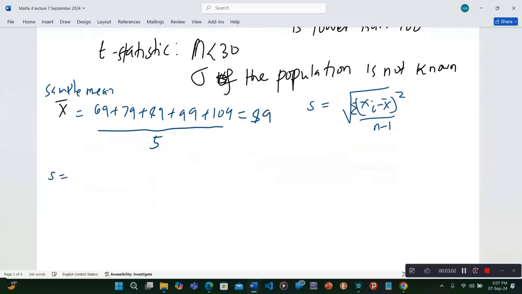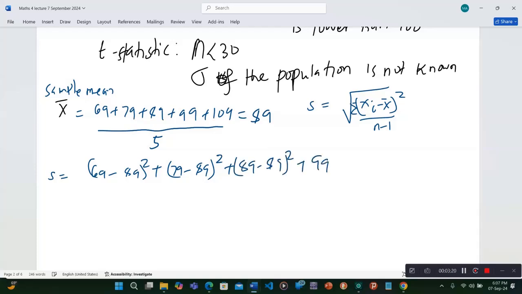I get (69 minus 89) squared plus (79 minus 89) squared plus (89 minus 89) squared plus (99 minus 89) squared plus (109 minus 89) squared.